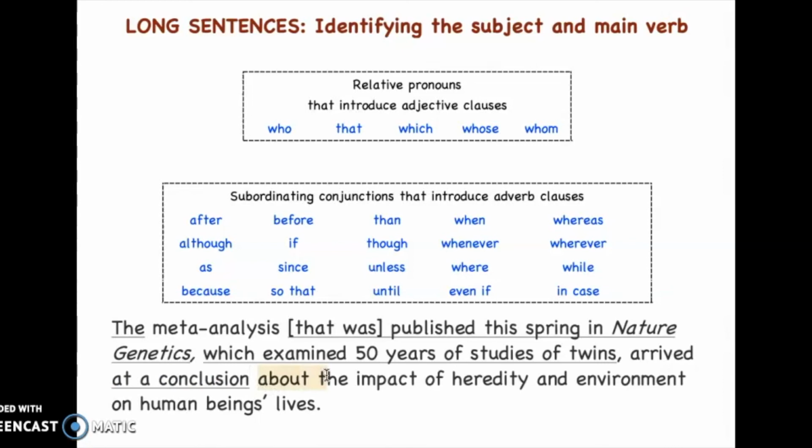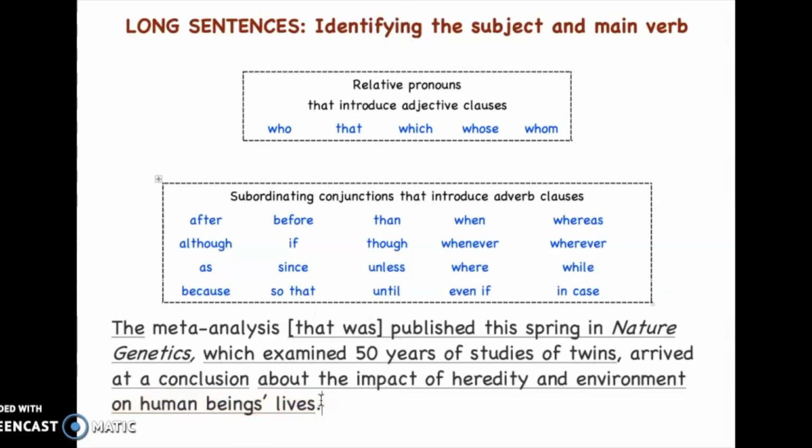Here we have about the impact of heredity and environment. That is another prepositional phrase telling us more about the conclusion. So we're going to underline that. And then we have on human beings' lives. Another prepositional phrase, and that phrase is telling us more about the impact.